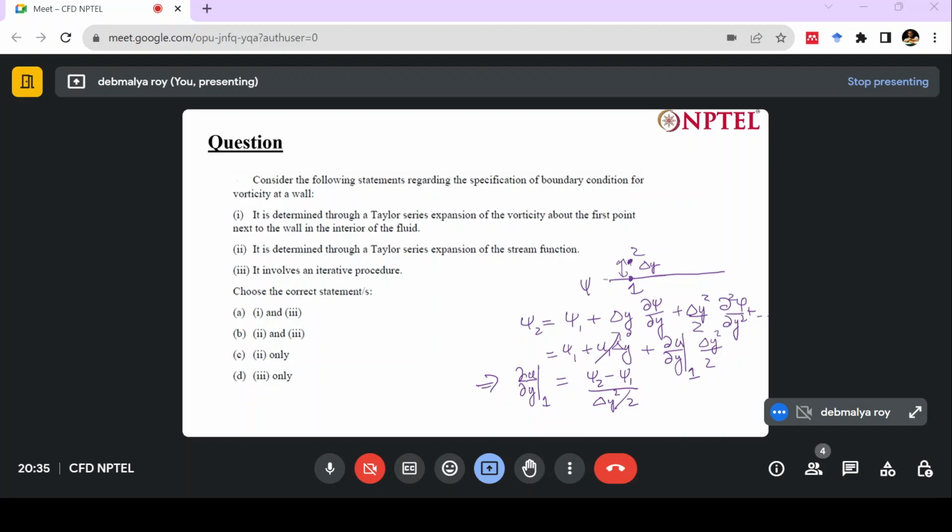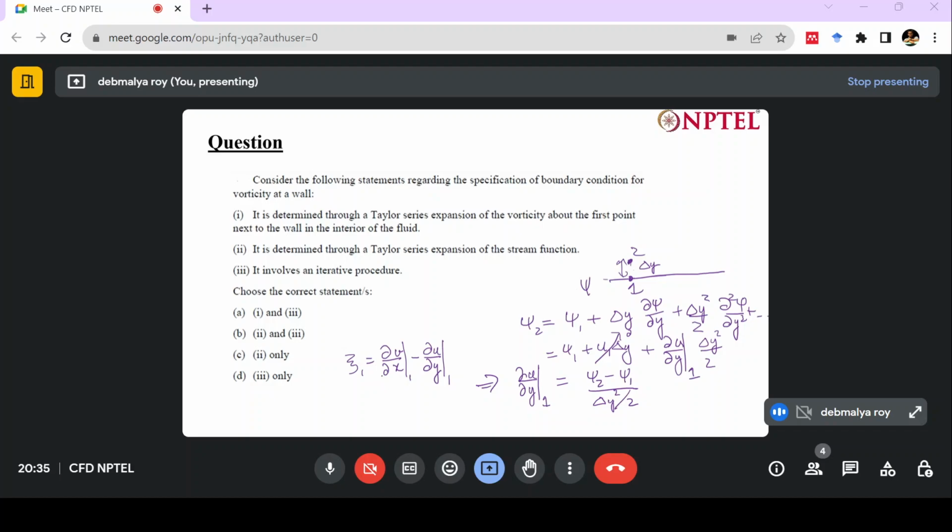So the thing is, the vorticity at the boundary will be del v del x minus del u del y, both at 1.